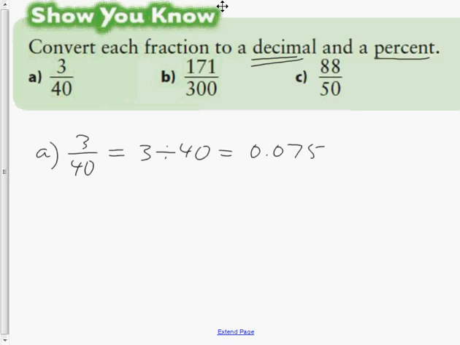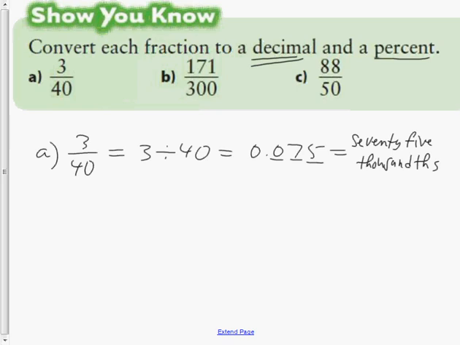Now the second part, changing it to a percent. Once you have it as a decimal, the nice thing, if you know your place value, is you can read that decimal and write it as an equivalent fraction. So in this case, I would read it as 75 thousandths, right? And I know it's thousandths because it's tenths, hundredths, thousandths.